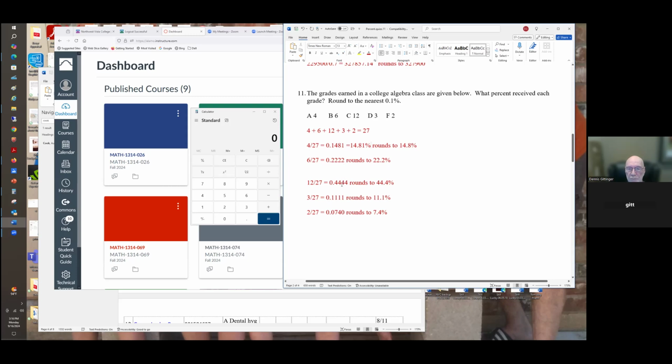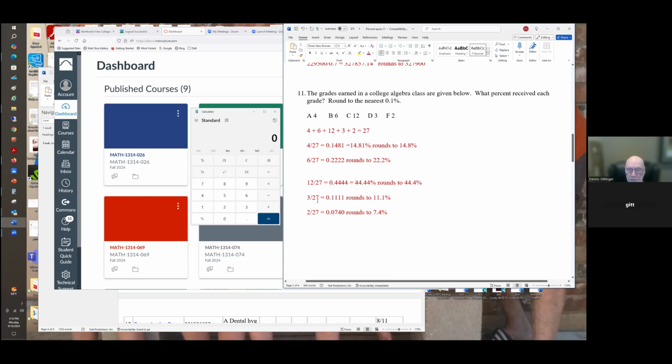Now, this one, 0.4444, well, again, that is 44.44% rounded off. Now, the nearest 0.1% is the first 4 to the right of the decimal point, but the second 4 is not big enough. So that's why it's 44.4%.